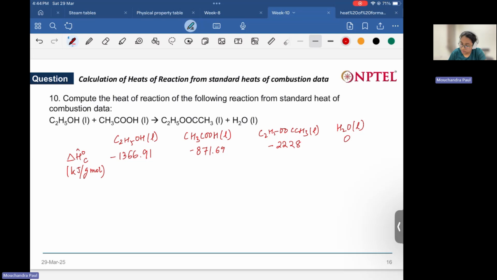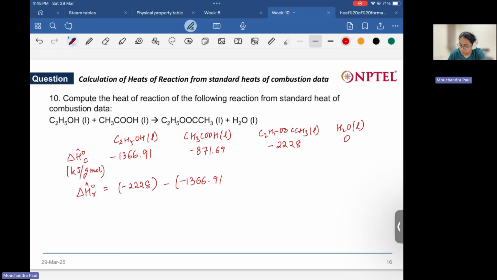Like previously, the standard heat of reaction will be given by product minus reactant, so minus 2228 plus 0, which I'm not writing, it is self-understood, minus this, which is on the reactant side.